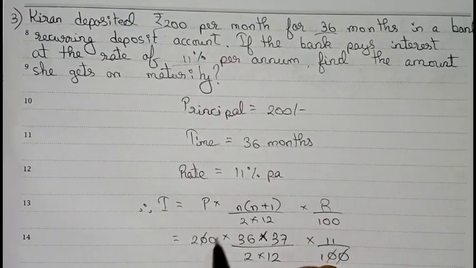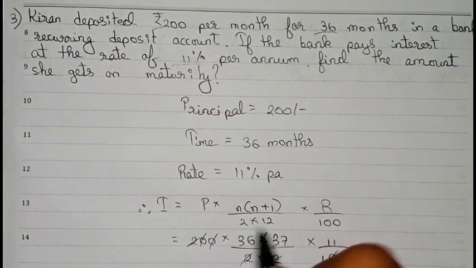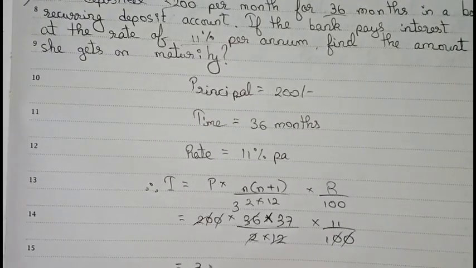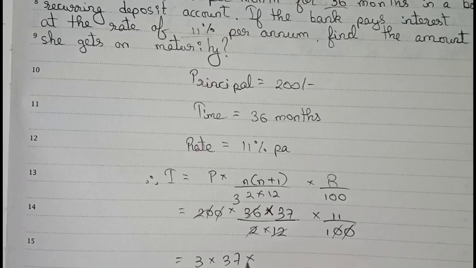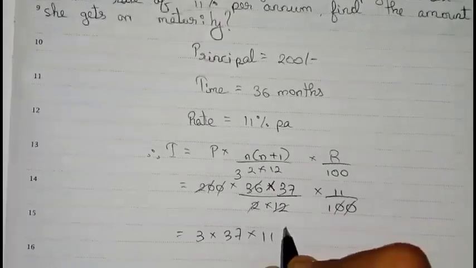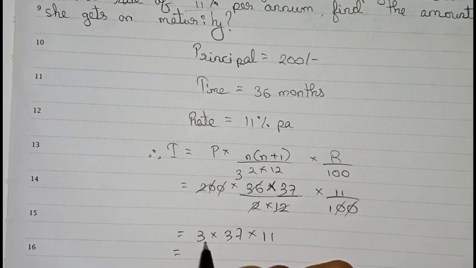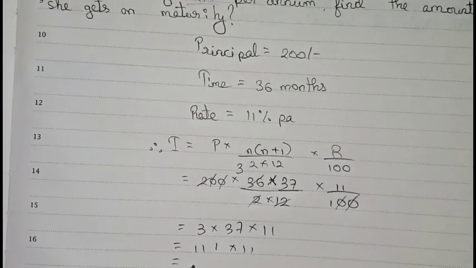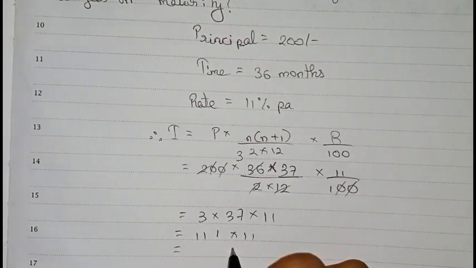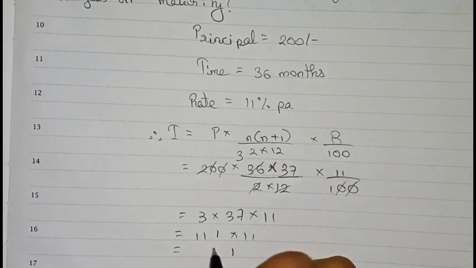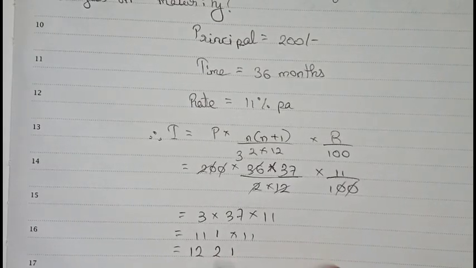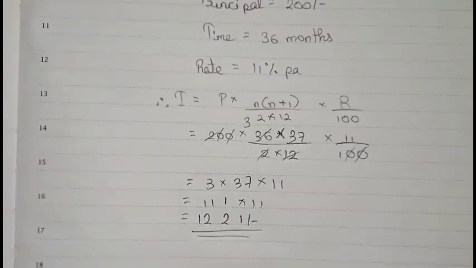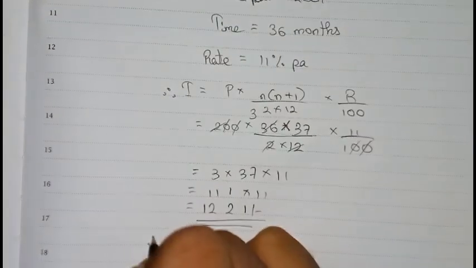We cut the zeros, 2 and 2 cut, so 12 3s are 36, remains 3 into 37 into 11. So 3 into 37 is 111. 11 into 111 is 1221 rupees. So interest is 1221 rupees.